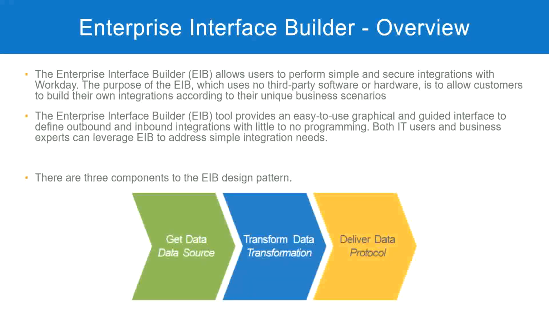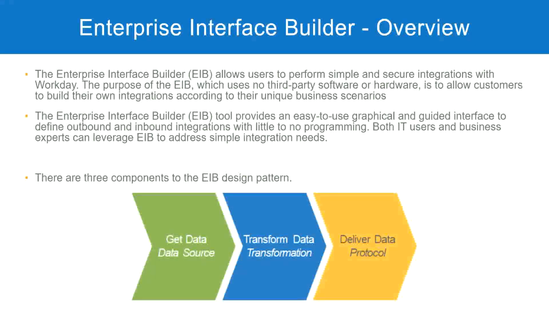The third step will be to send the data to the recipient or to deliver the data. When we create an integration using EIB, we will see these 3 steps there as well: get data, transform data, deliver data. These are the 3 components in an EIB design pattern.